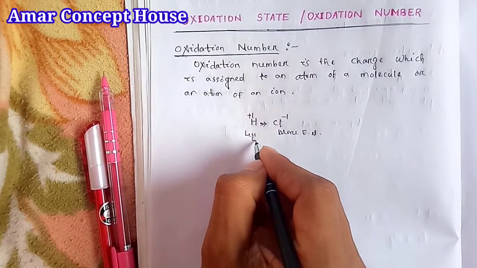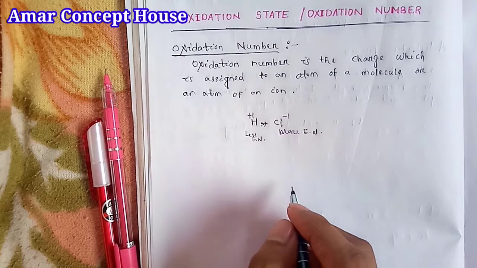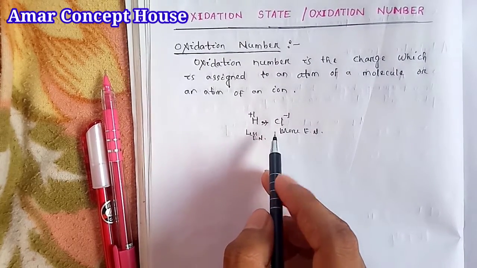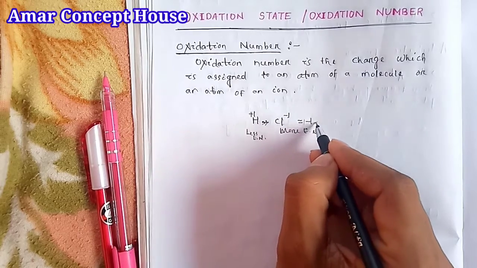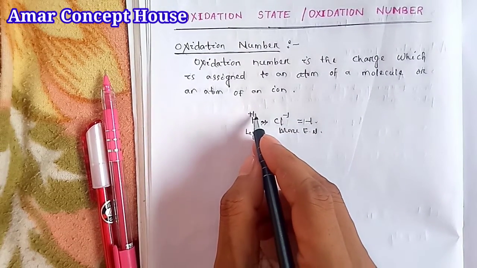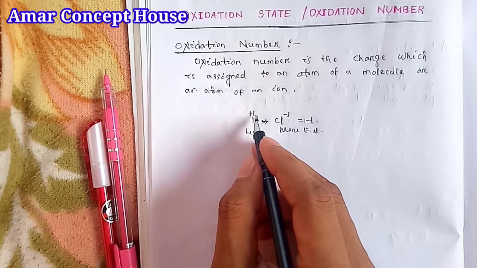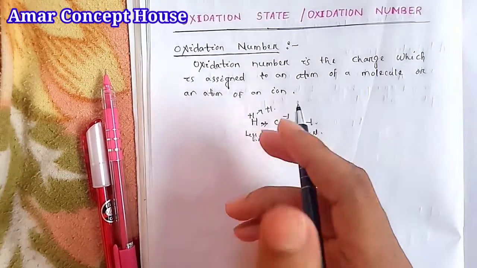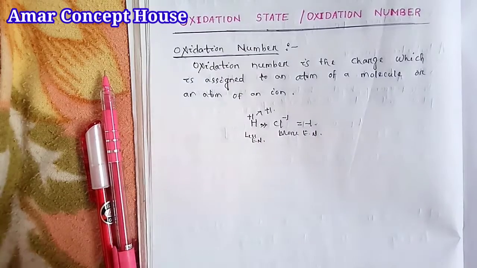Clear? -1 charge is on chlorine, that's why the oxidation number of chlorine is -1, and +1 charge is on hydrogen, that's why the oxidation number of hydrogen is +1. Understood? That is the actual concept of oxidation number.